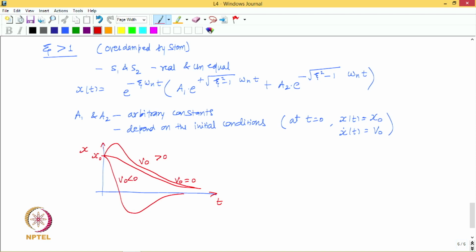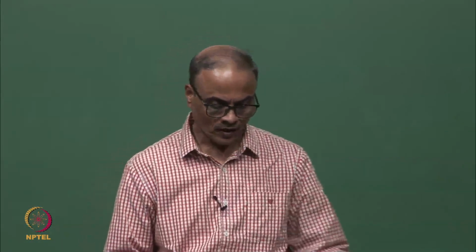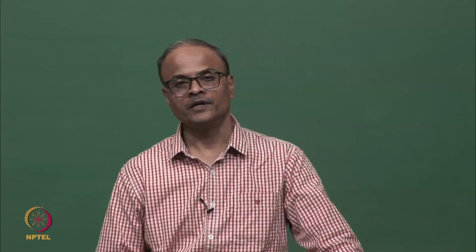So, you can see the displacement decays with time, and depending upon the combination of initial displacement and velocity, different shapes of these curves are possible. But one characteristic is common: the displacement decays exponentially with time, and it does not oscillate.